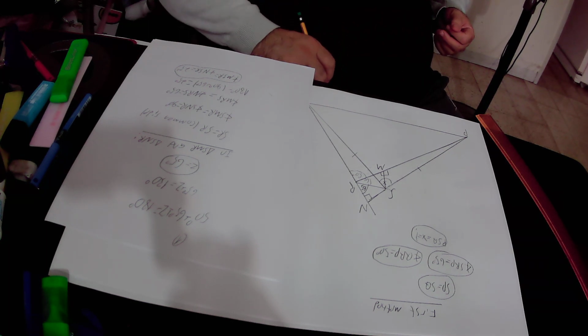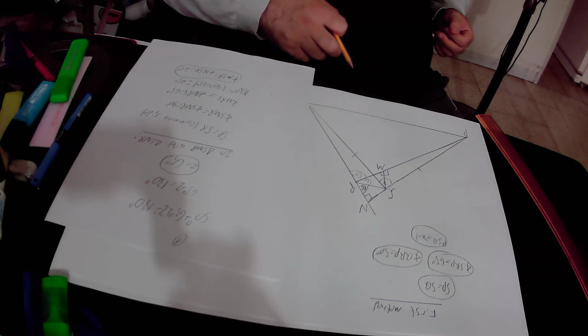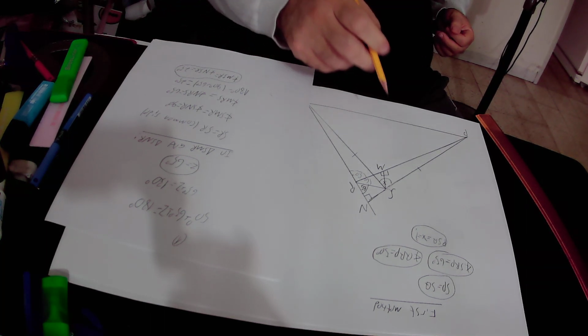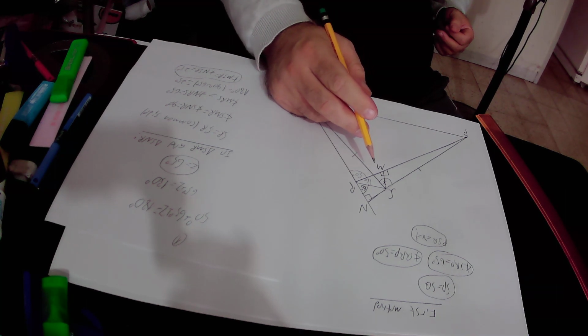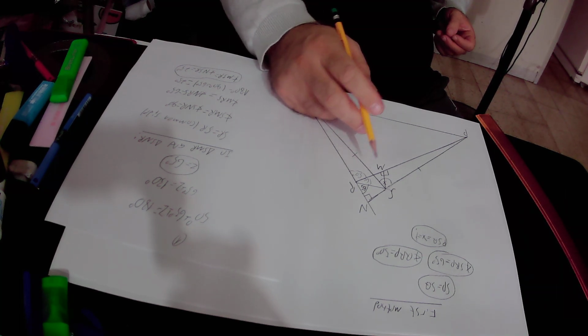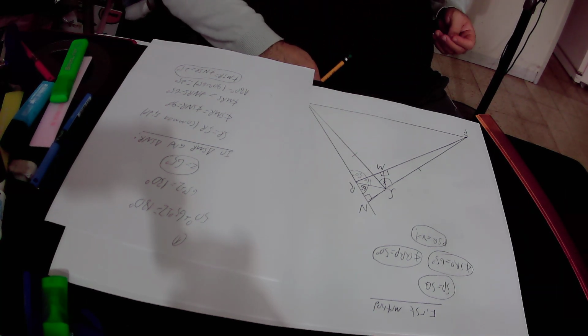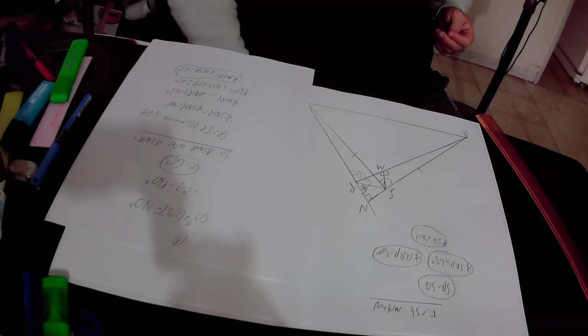So we found out that all three angles of the right triangle SMR are equal to all three angles of the right triangle SNR, and we also found out that they have one common side. SR belongs to both triangles.